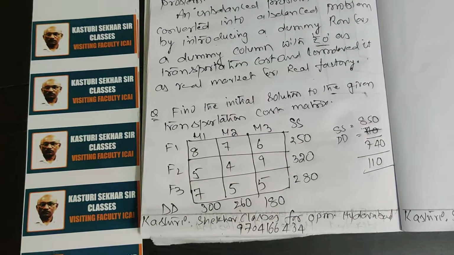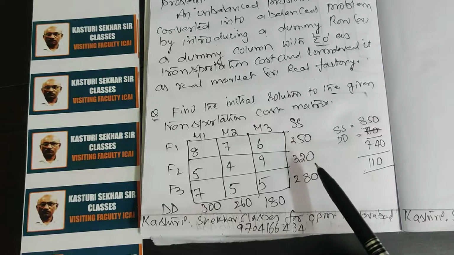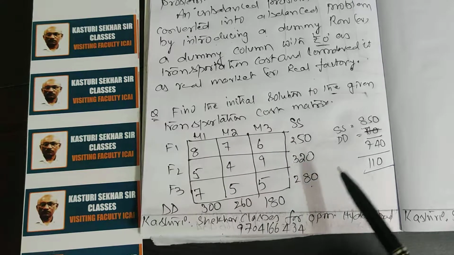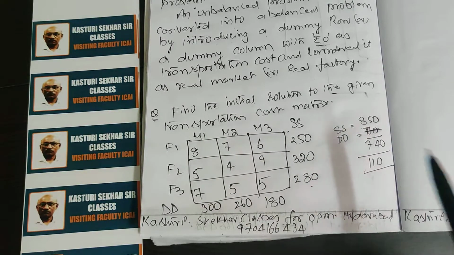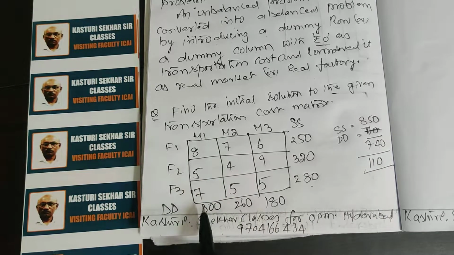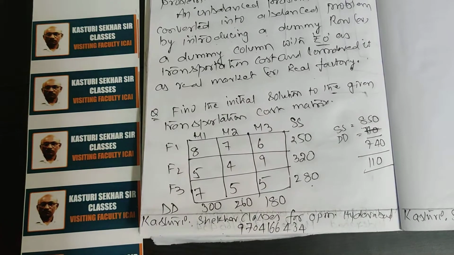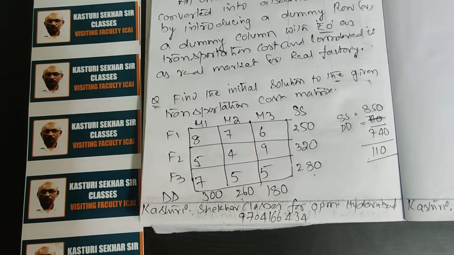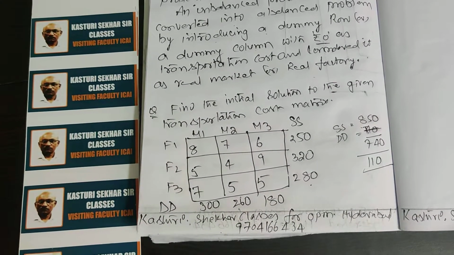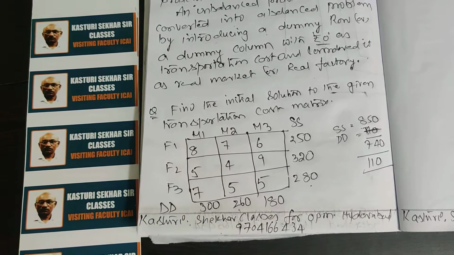Let's see this point once again. Total supply 250 plus 320 plus 280 is equal to 850 units. Total requirement 300, 260 and 180, so this is 740. The difference of this is 110.